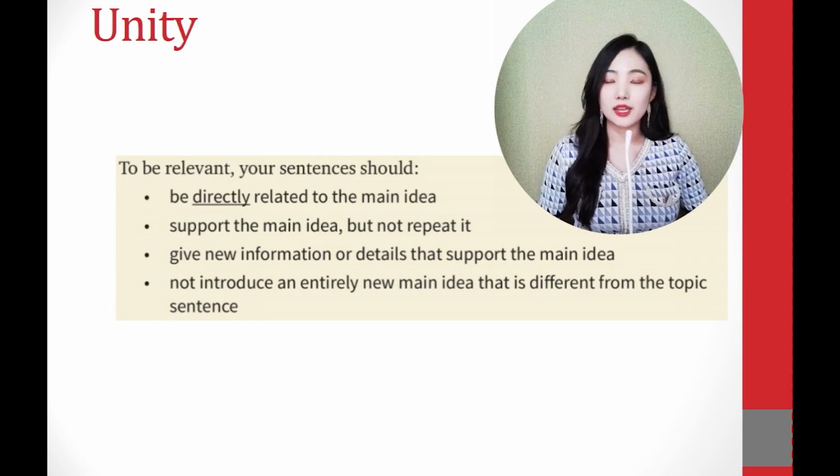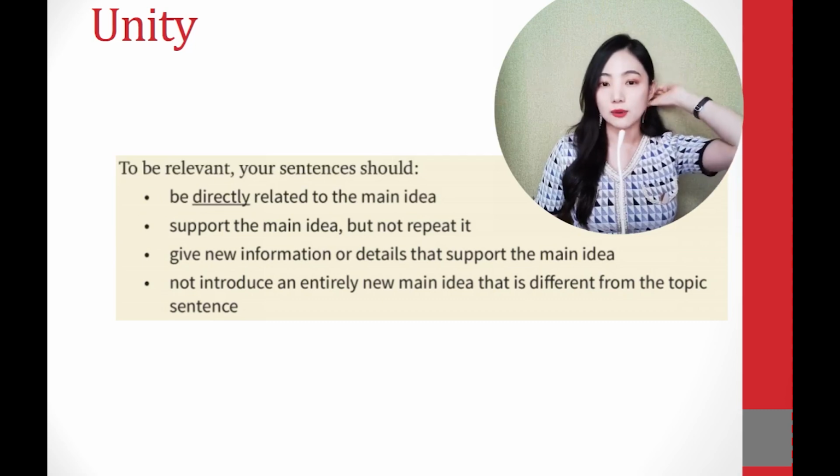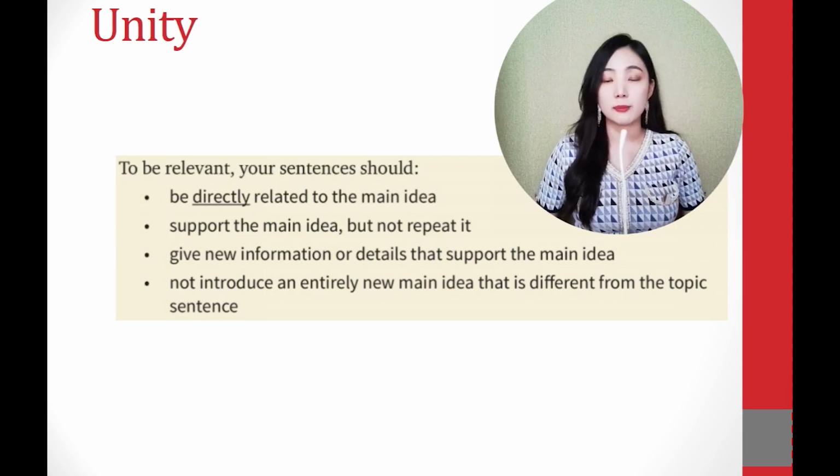So first step, it's directly related. Moving on, number 2, it supports the main idea but does not repeat it. Okay? So first one, it's directly related, and number 2, maybe support your main idea by examples, by explaining details, by describing it, by giving further explanations. Okay? But it's not repeating the idea.